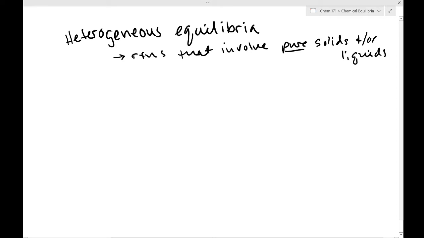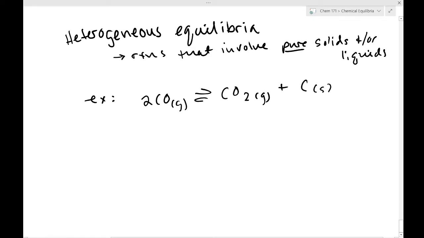For example, I'll give you an example here of a heterogeneous equilibrium. If we react two carbon monoxide gas molecules to form carbon dioxide gas and carbon solid, the Kc for this, we would make it as CO2 times carbon solid divided by CO squared.